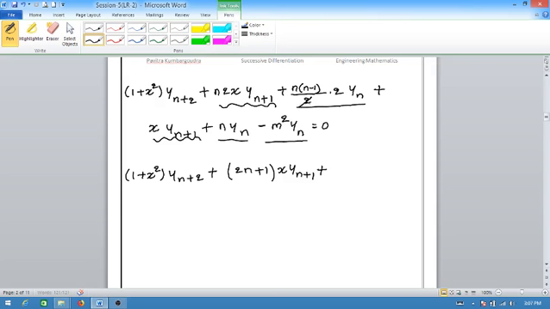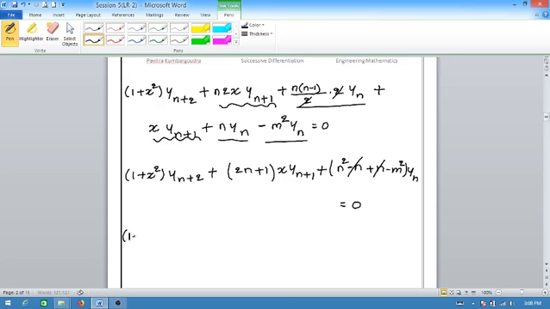The 2 gets cancelled, right. So then multiply n into n minus 1, that is n square minus n, plus n, minus m square into y n. So that is equal to 0. Minus n plus n get cancelled.